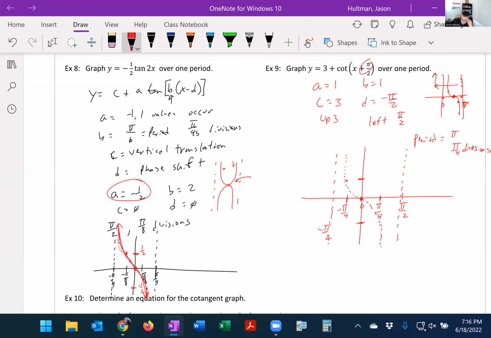So I can do a little trick here, which is I can either move the entire graph up 3 units. But if I've already graphed it, I don't really want to move the whole thing up 3 units. Or I can move the x-axis down 3 units. So I'm going to do that. This is 1, 2, 3.